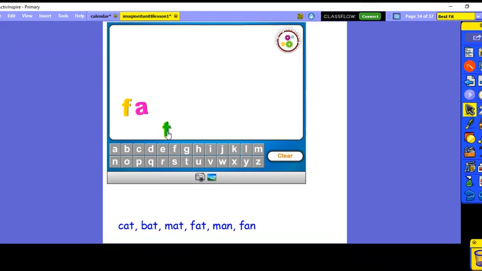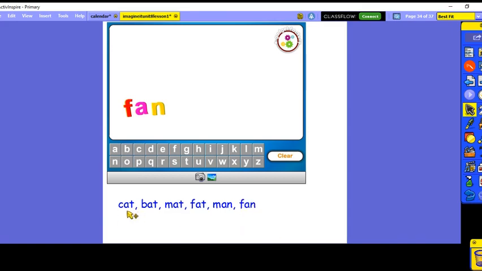All right, we're going to keep our short A, but we're going to change the ending. Man, good. Now let's change the beginning sound, and what word do we have? Fan. Now let's read all the words that we just practiced. Cat, bat, mat, fat, man, fan.